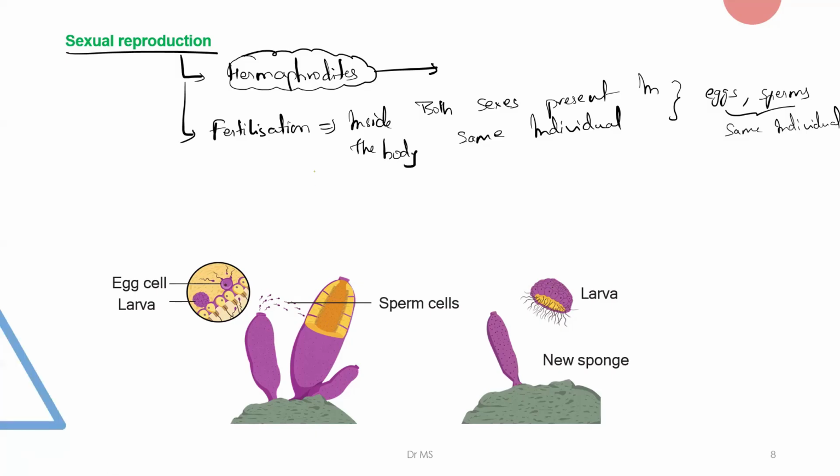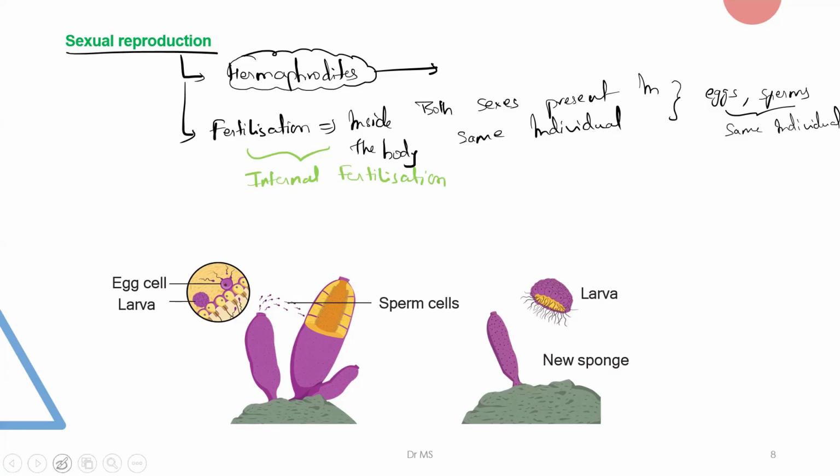It is internal fertilization. If the fusion of male and female gametes happens outside the body, we call it external fertilization. But if it happens inside the body, we call it internal fertilization. Is that clear? So the sponges will exhibit internal fertilization.